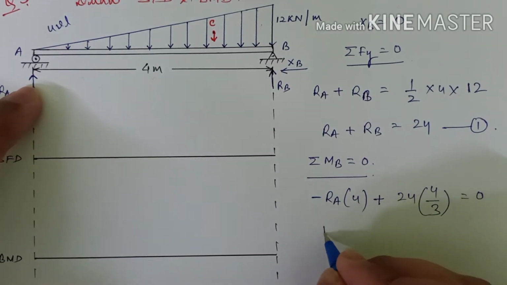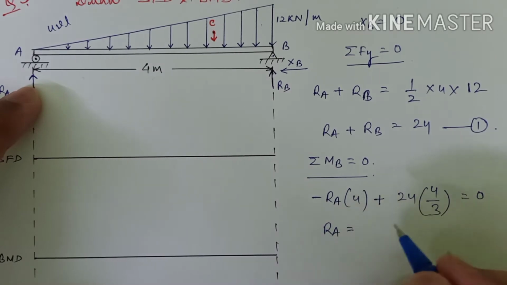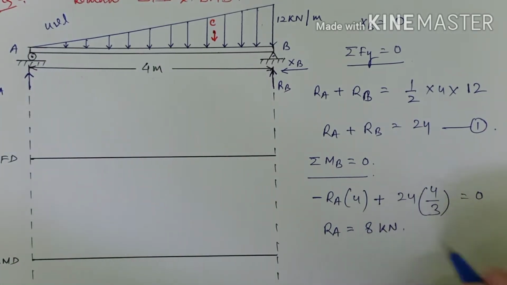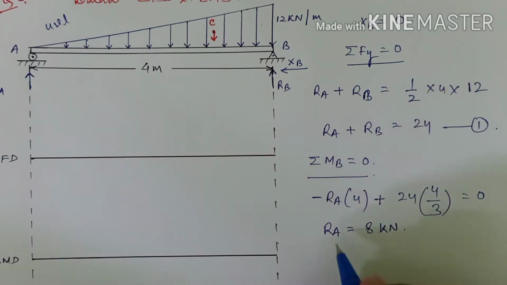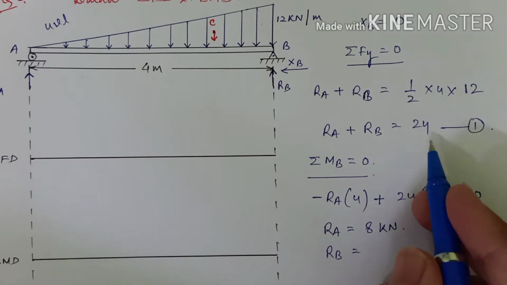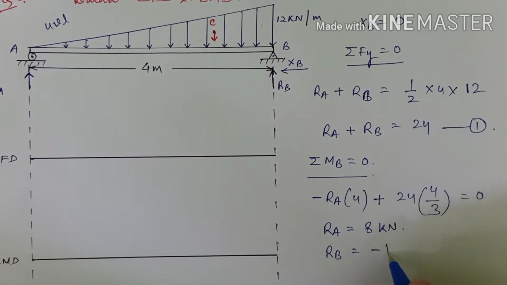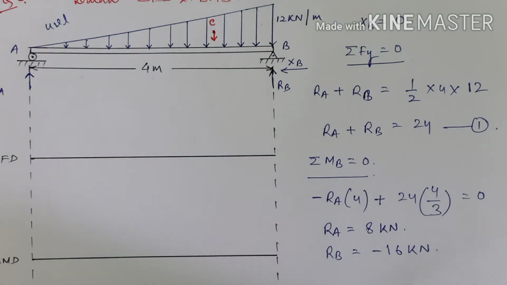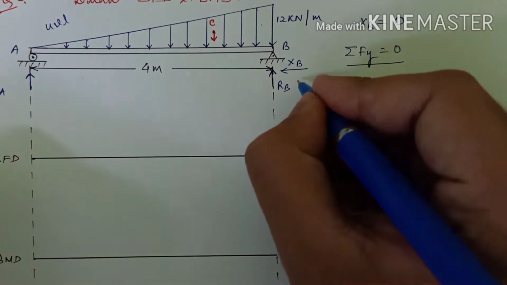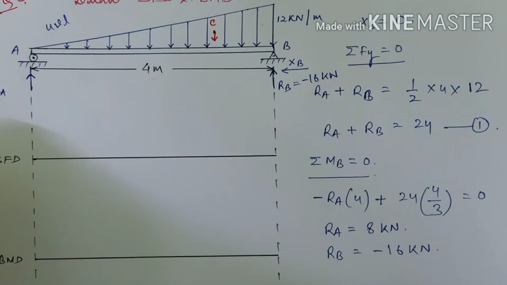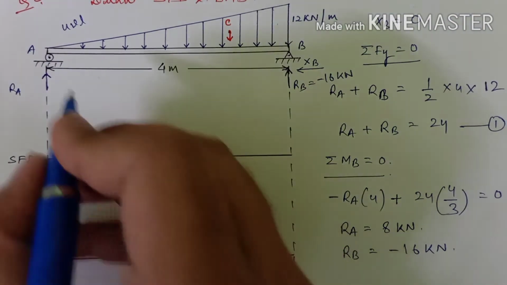So if you calculate the value of RA will come out to be 8 kilonewtons. Just put this value here. So we'll get the value of RB, that will be 24 minus 8, that is 16 kilonewtons, right? So we can write these values over here. That is RB will be 16 kN and RA will be 8 kilonewtons.